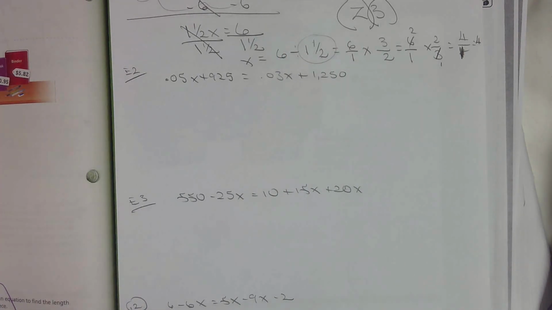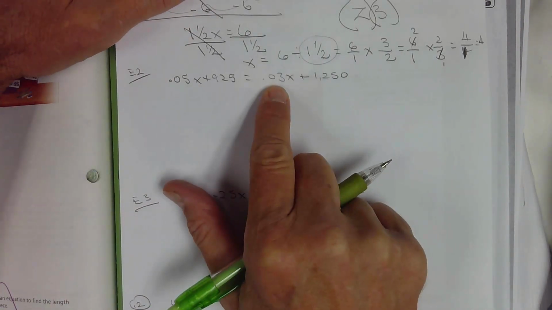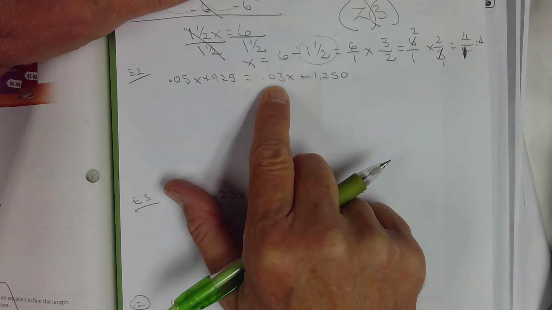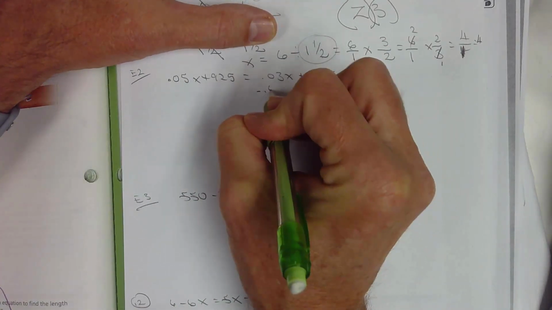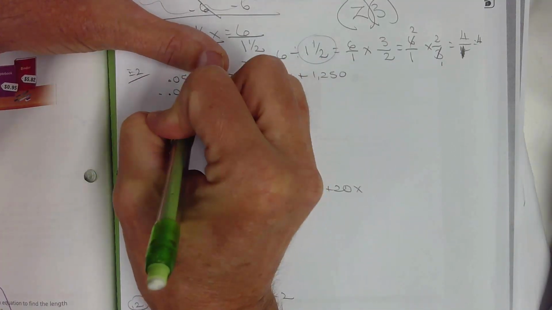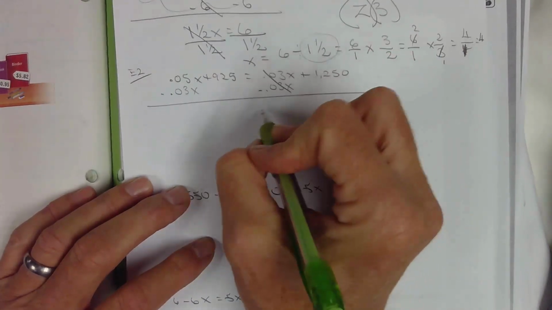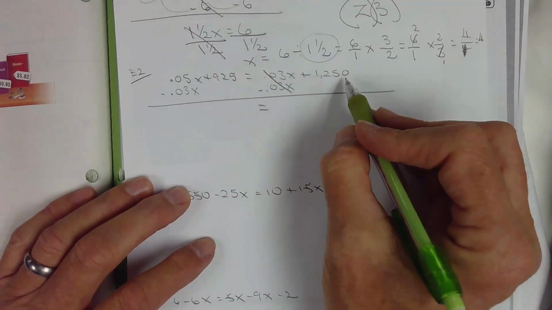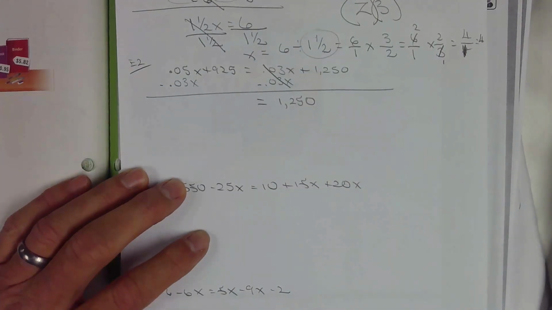So I don't want to subtract 0.05 from this, because then I'll end up with a negative x. So I'm going to subtract the 0.03. Subtract 0.03x. Subtract 0.03x. They cancel out, and I'm just left with 1,250 on this side of the equation.